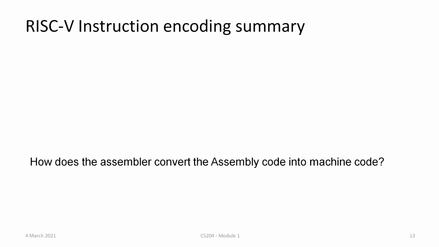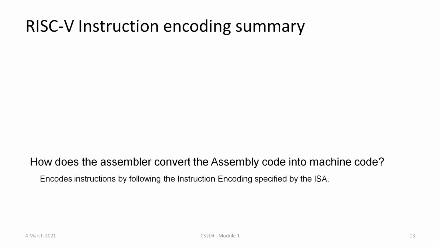So we assume a 32-bit space and split it into multiple fields, where the position and purpose of each field are very well defined. The assembler will encode the instructions following the instruction encoding specified by that particular ISA.